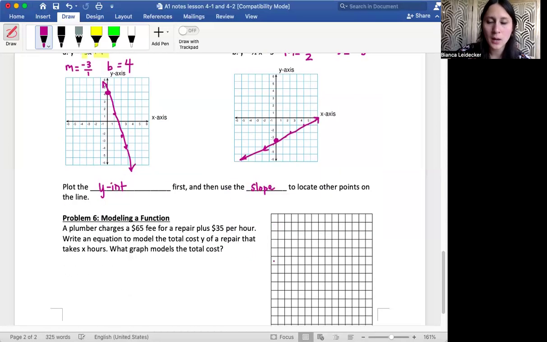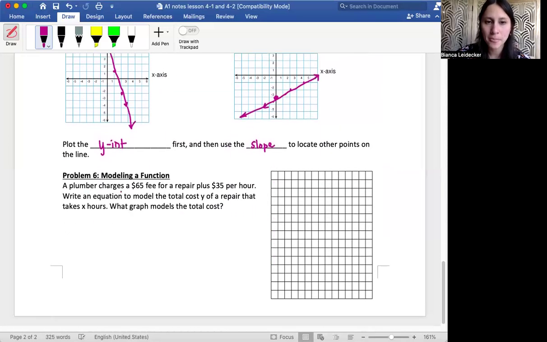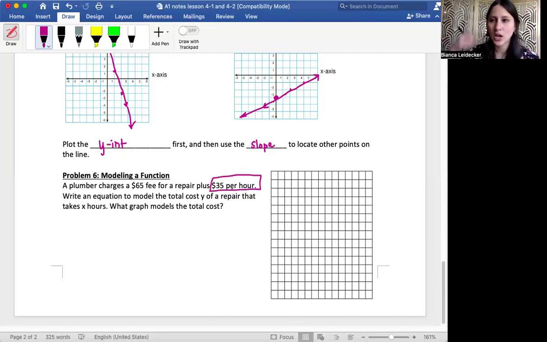Okay, our final problem, modeling a function. So let's look at the situation here. A plumber charges a $65 fee for a repair plus $35 per hour. So per hour means that that is probably going to be the change that's happening, and you have a baseline of $65.